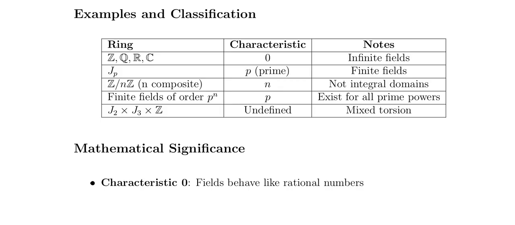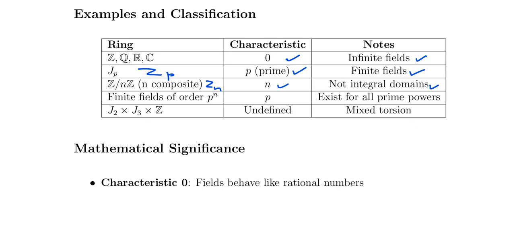Now for Z, Q, R or C, the characteristic is 0. These are all infinite fields. For Zp, with p a prime, the characteristic is p, and this is a finite field example. For Zn with n composite, the characteristic is n, and it is not an integral domain.